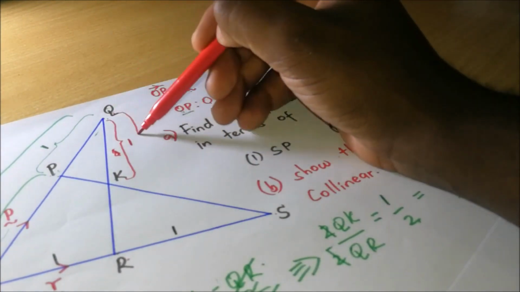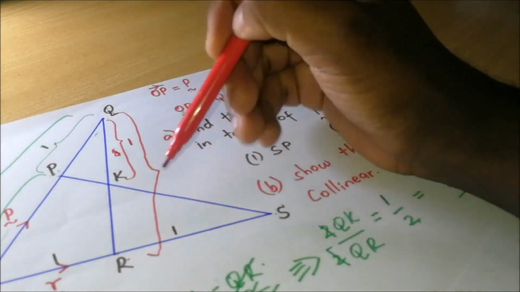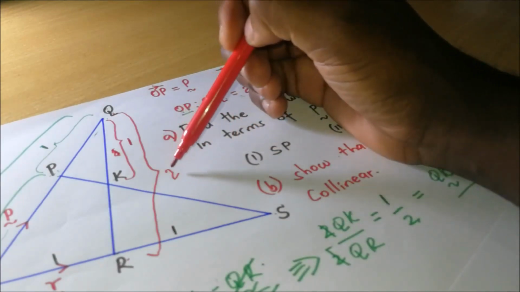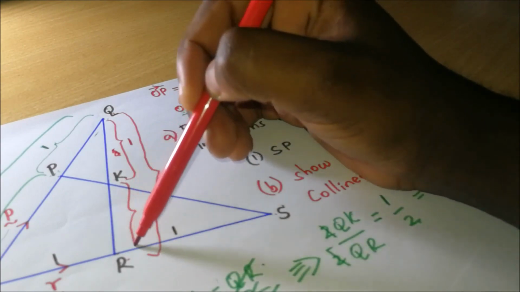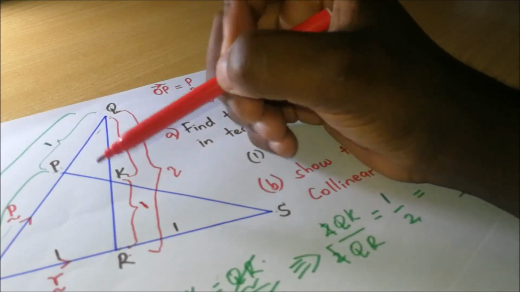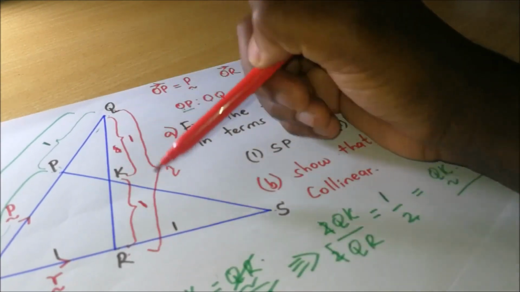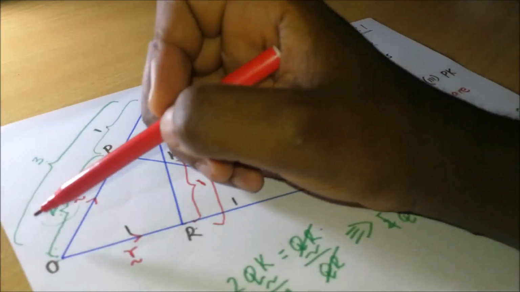So if this is 2, then 2 minus 1 gives us the remaining portion KR as also 1. So this and that is also 1 to 1. The total ratio is 2, just like we did here.